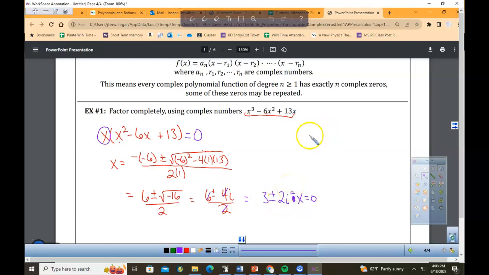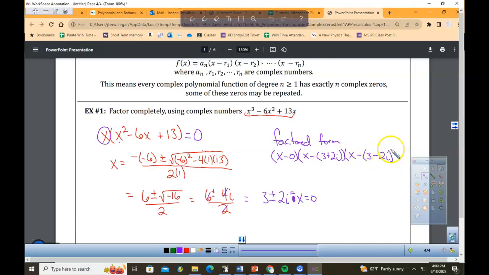So to write this in factored form, I would do x minus 0, x minus (3 plus 2i), and x minus (3 minus 2i).